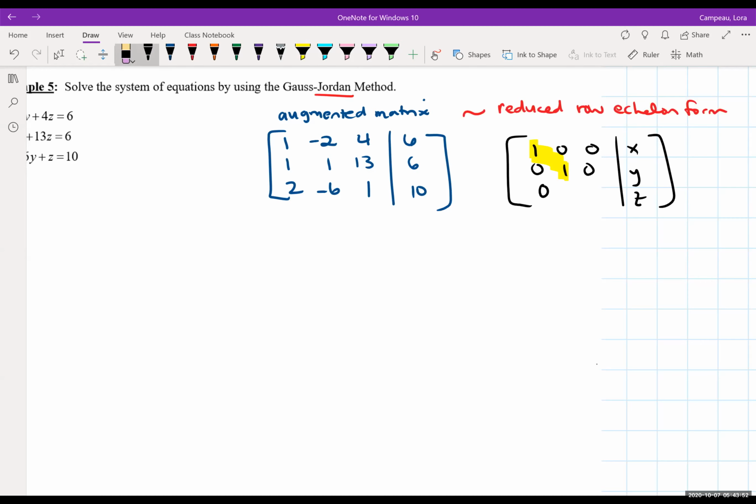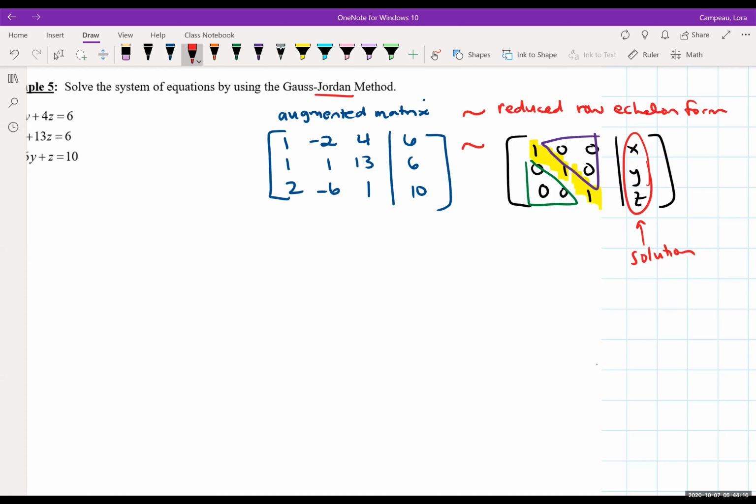Here we go. We have that diagonal of ones, a lower left triangle of zeros, just like row echelon form, but more importantly, an upper right triangle of zeros. So what happens is these end up being our solutions once we get what those numbers are.